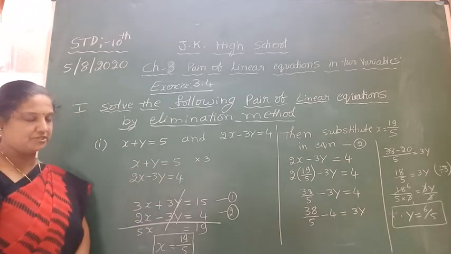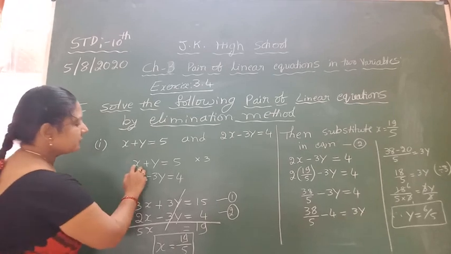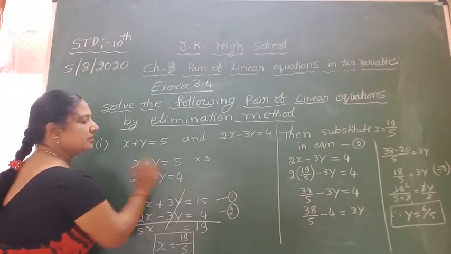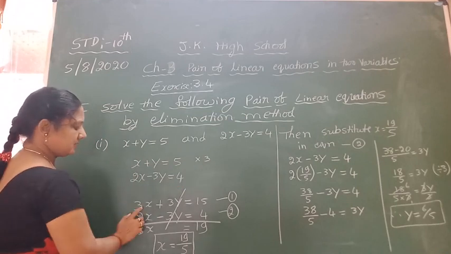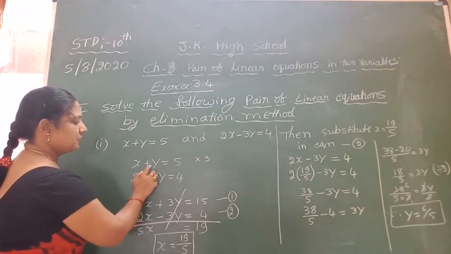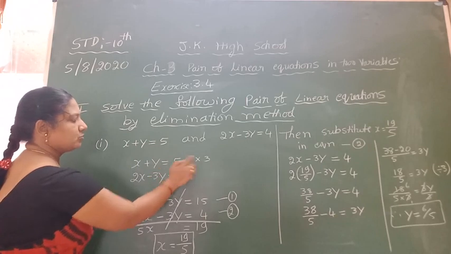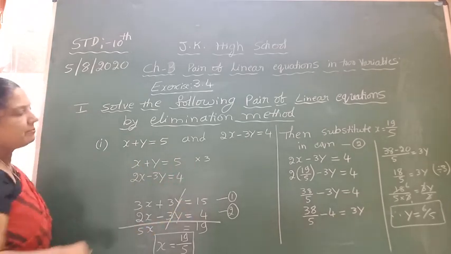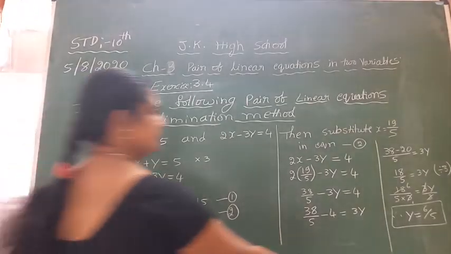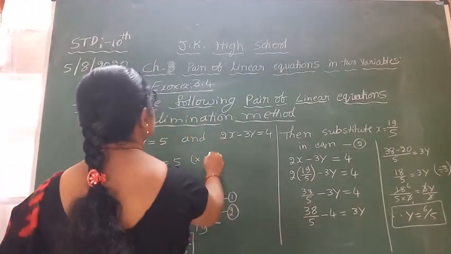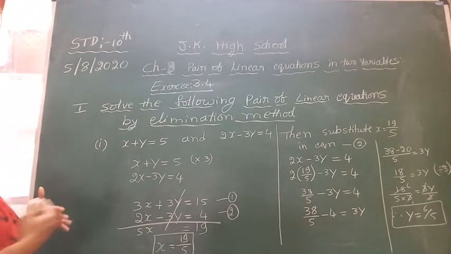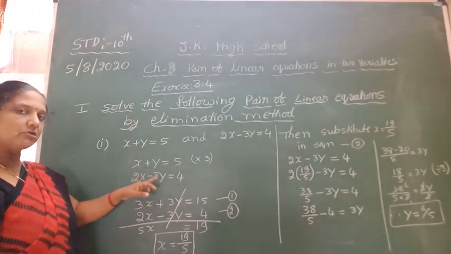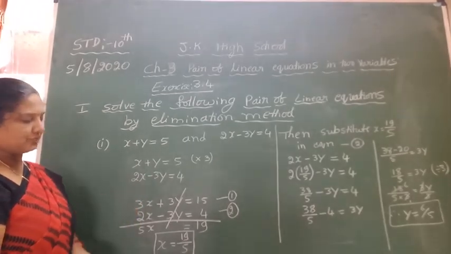So for that what I have to do, the first equation, I'll multiply all the terms: 3 into x, 3x, 3 into y, 3y is equal to 3 fives are 15. I have multiplied the first linear equation in two variables by 3. To eliminate one of the variables, we have to adjust and make the numerical coefficient the same and the opposite sign should be there.